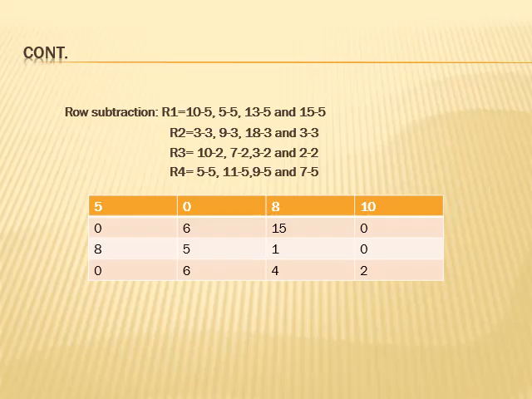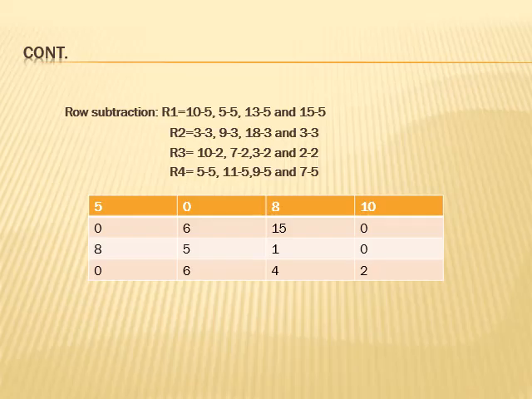Then the least cost is 3, which should be subtracted from the remaining elements of this row. 3 minus 3, 0. 9 minus 3, 6. 18 minus 3, 15. And 3 minus 3, 0.